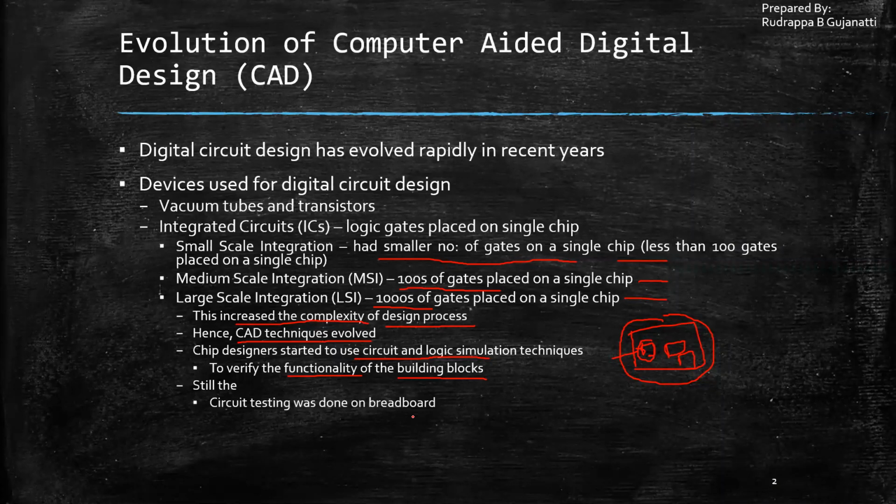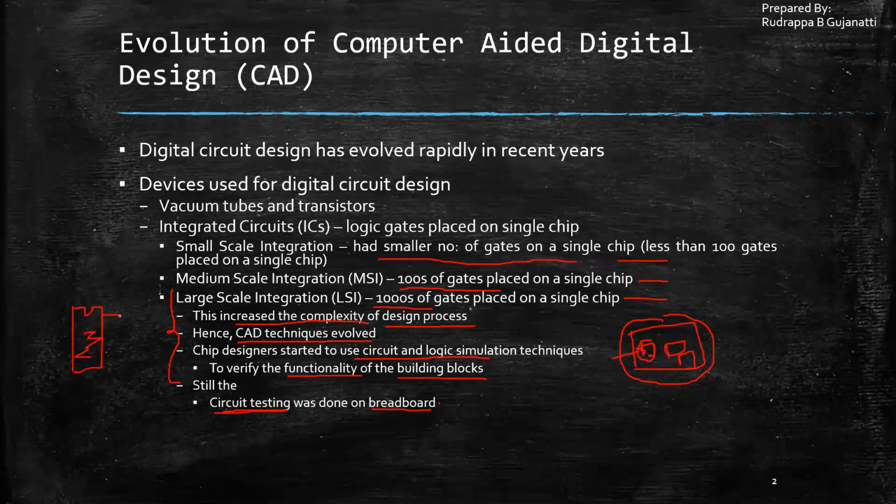Now here, the challenge was large scale integration. Still, the circuit testing was done on a breadboard. So you can imagine the level of complexity when dealing with the breadboard. It is not that all the ICs you are placing, but in one IC itself you might get the entire functionality that is intended.